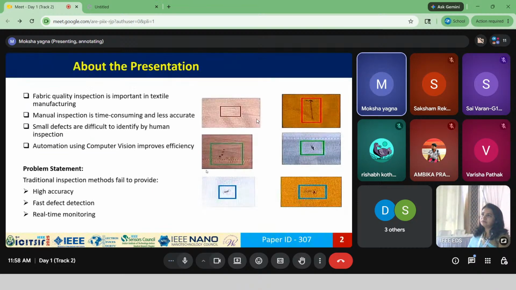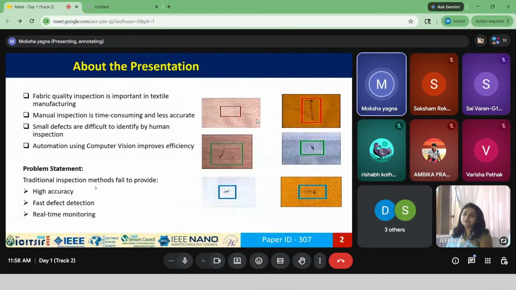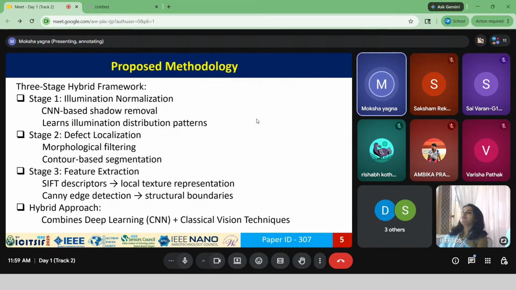Traditional inspection methods fail to provide high accuracy, detect false defects, and support real-time monitoring. If there are many images, we cannot find defects in every image, so we'll use a deep learning model to find the defects. Here we'll be using three stages: first removing the shadow, second identifying the defect, and then extracting the features.